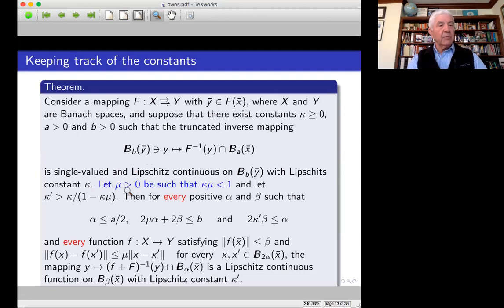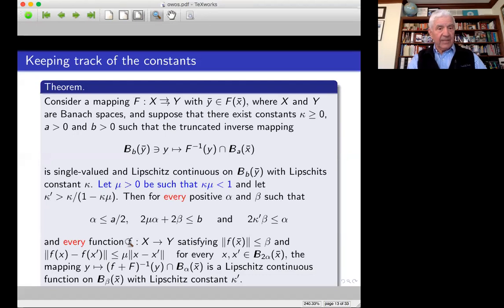Then take any mu such that kappa mu is less than 1, and kappa prime such that this inequality holds, and then for every positive alpha and beta such that this inequality holds, and every function f which satisfies these two conditions, most importantly is Lipschitz continuous with Lipschitz constant mu.